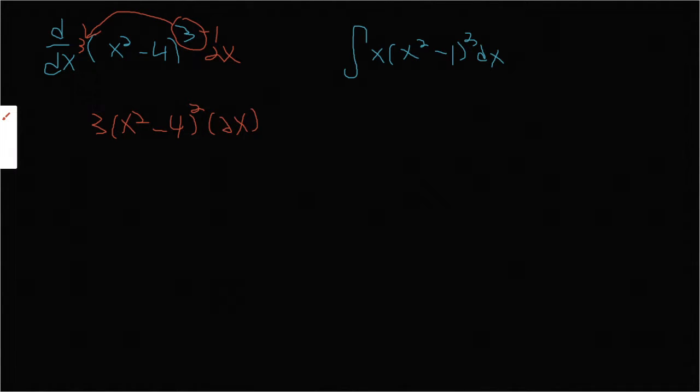Now, if we wanted to integrate this with respect to x, we totally could. And because we just saw this, we would know it's (x squared minus 4) cubed. And some people can just look at it and figure it out. This is just that.